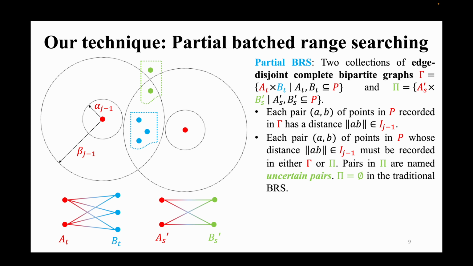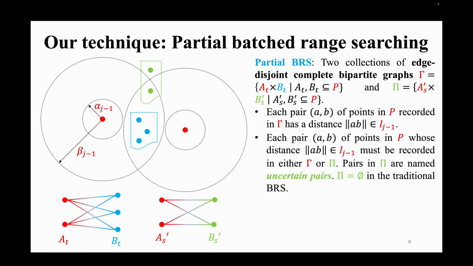And for any pair of points in P whose interpoint distance is in range ij minus 1, this pair must be recorded in either collection gamma or collection pi. So this implies that some pairs of pi have distances in range ij minus 1, and some are not. So we call pairs in pi uncertain pairs.